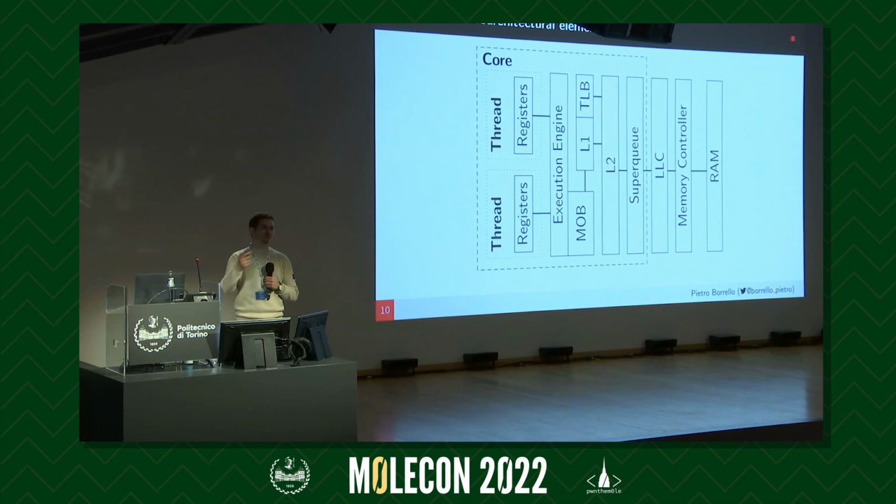And we can try to design experiments that try to tell us, okay, here we see the data that is arriving from this region inside the CPU. Every single one of these experiments will allow us to remove hypotheses from where we leak data from.